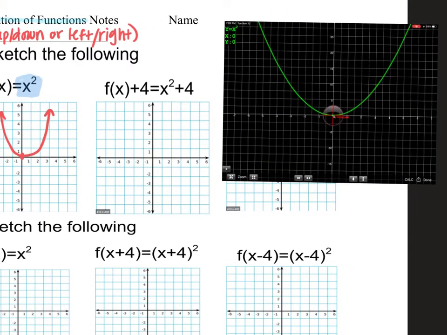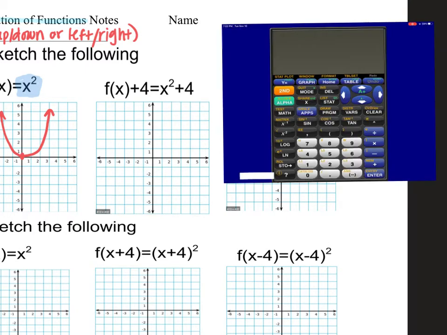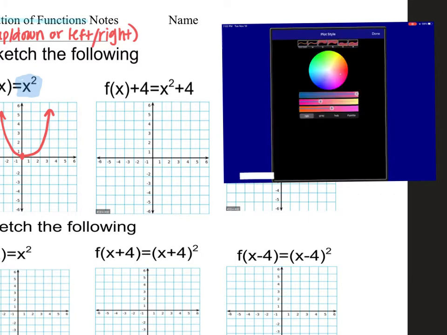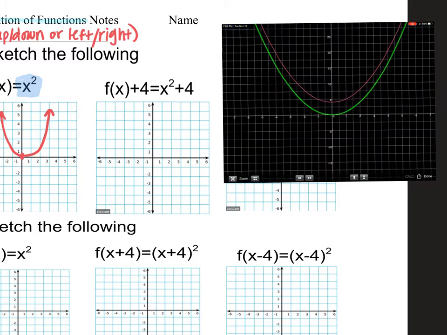All right, and now we're going to do x squared plus 4. So let's go back to our y equals, and now we're going to type in x squared plus 4, and then I'm going to change this line to be pink. Hit graph, and it looks like this now is up a little bit.